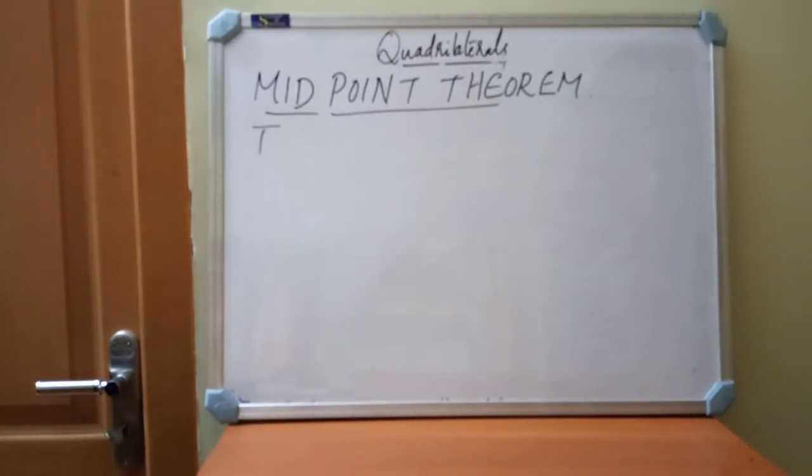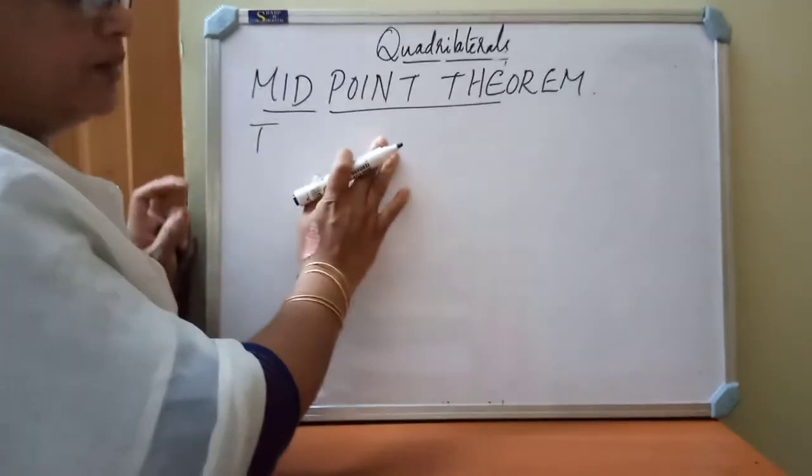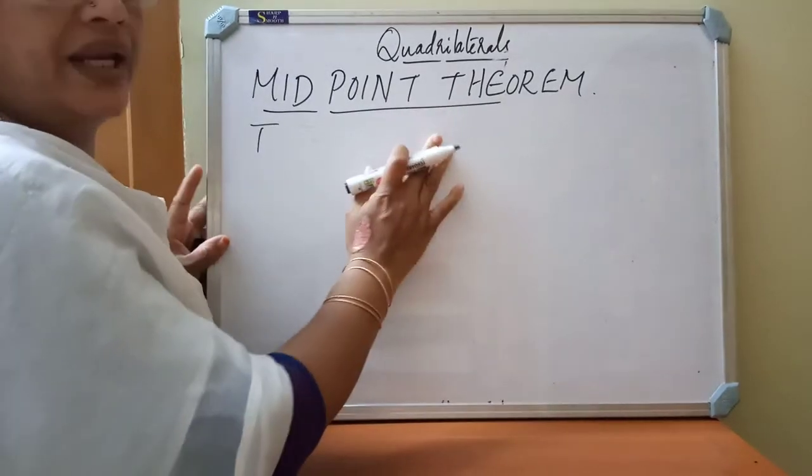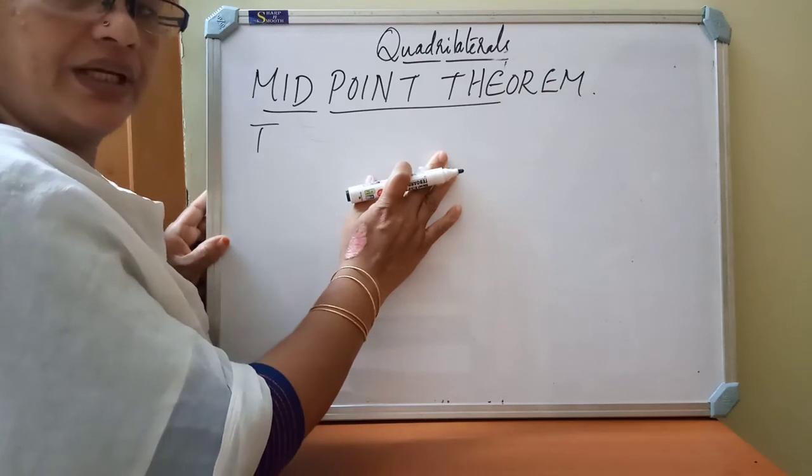Next is the midpoint theorem. The proof of the midpoint theorem is not needed, only the statement and the application of this theorem, which we are applying in the next exercise.